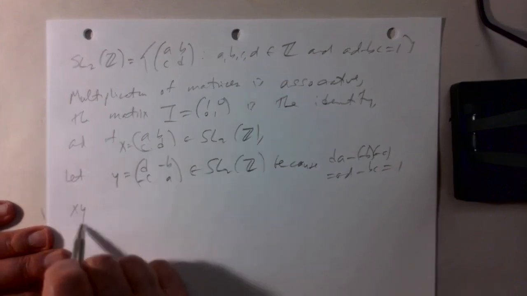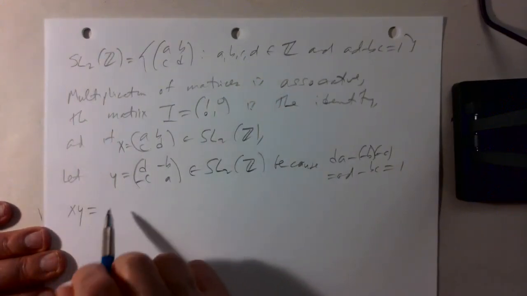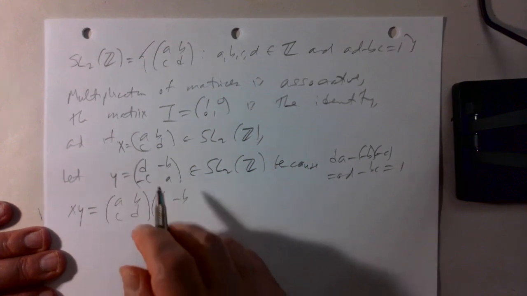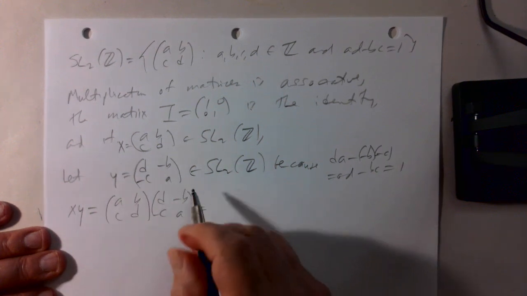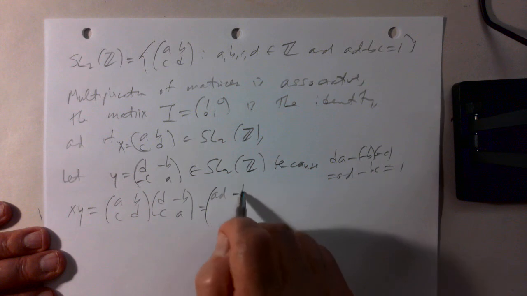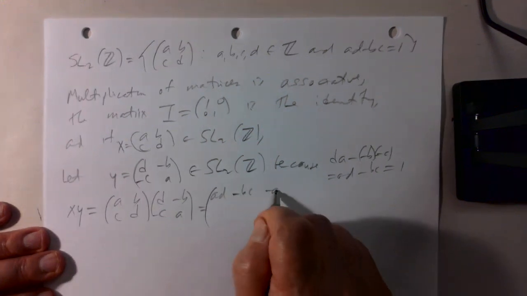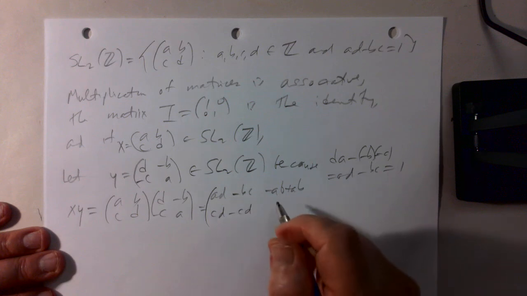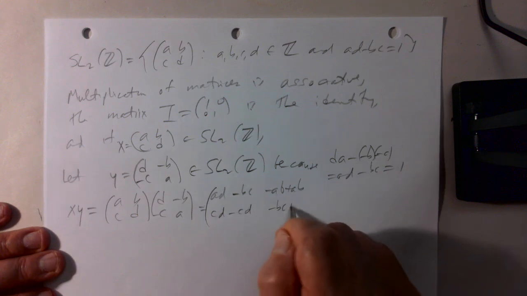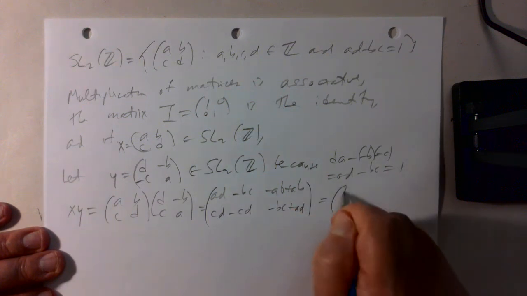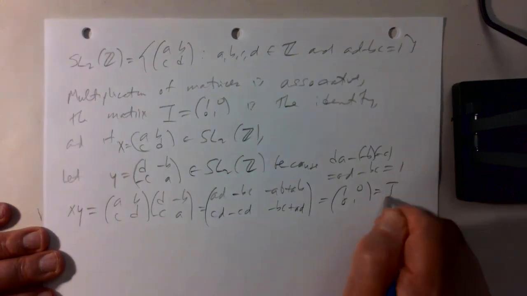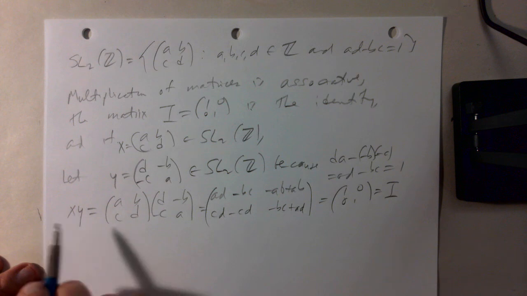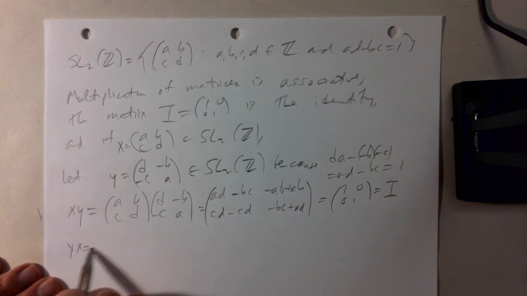And what is X times Y? X times Y, A, B, C, D, times D, minus B, minus C, A. If I multiply, I get AD minus BC, minus AB plus AB, CD minus CD, minus BC plus AD. This is 1, 0, 0, 1. That's the identity. So Y is an inverse on the right. What about Y times X?